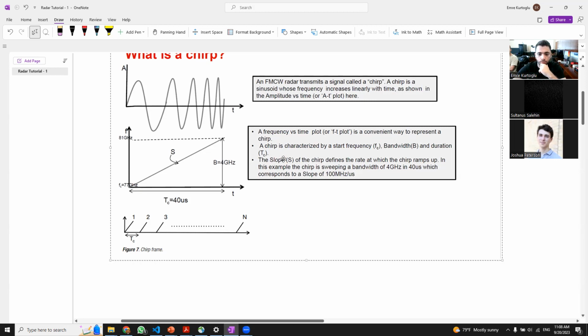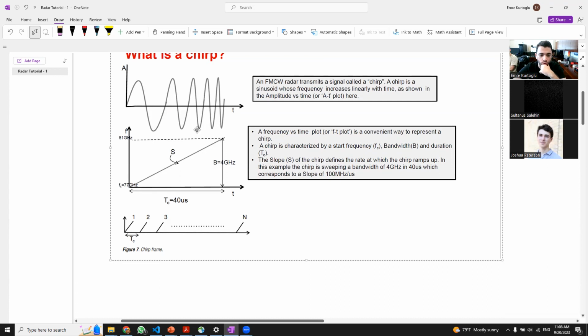The slope of the chirp defines the rate at which the chirp ramps up in time. In this example, the chirp is sweeping a bandwidth of 4 gigahertz in 40 milliseconds. This 40 milliseconds is the chirp duration, TC, which corresponds to a slope of 100 megahertz per microsecond.